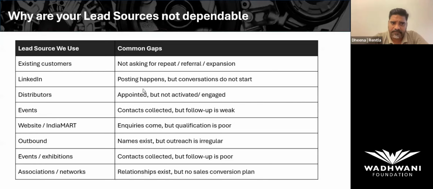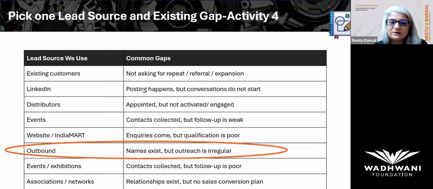Okay. Let's take one example. I see this happening very, very often: we've given our sales team a huge database of customers and say, go and talk to them, especially if you get the database from the associations. You get an associations directory, you give it to them and say, go reach out to them.